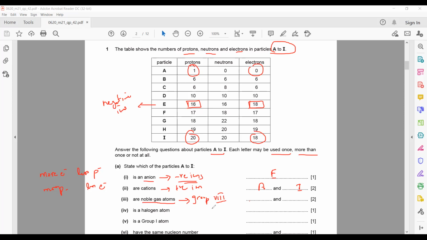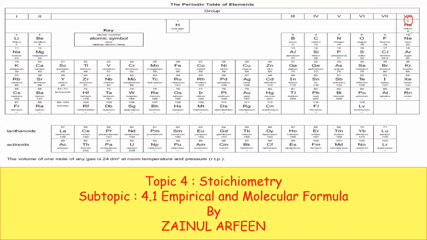When you check the periodic table, group 8 might have 2 protons, 10 protons, 18 protons, 36 protons, 54 protons, and 86 protons. These are all group 8 elements. So we have to find which one has 2 protons or 10 or 18.